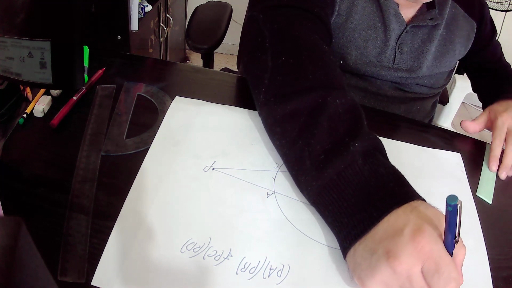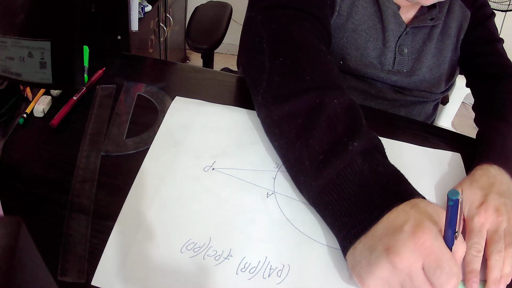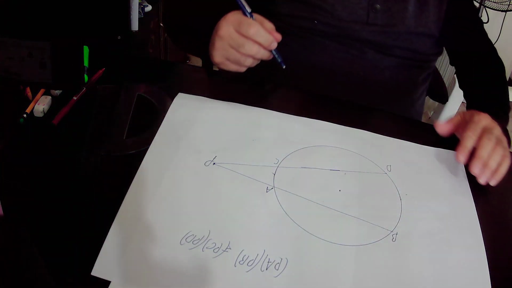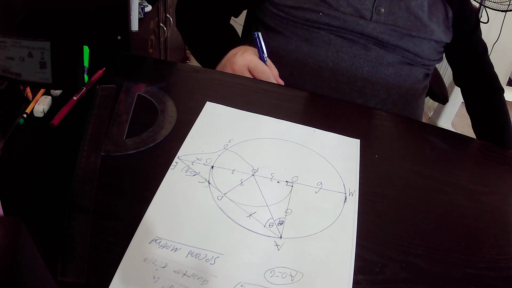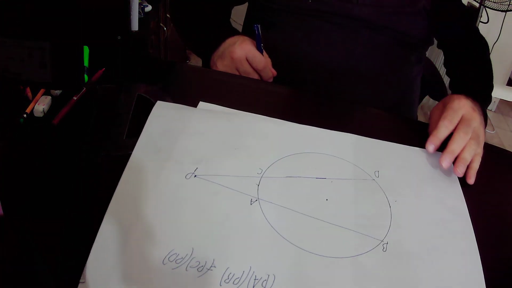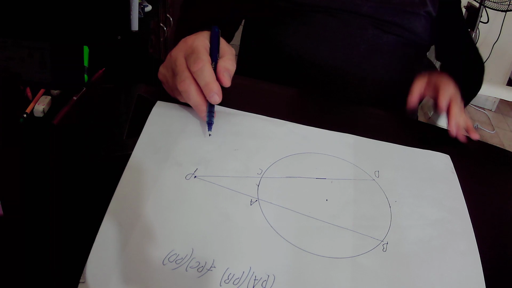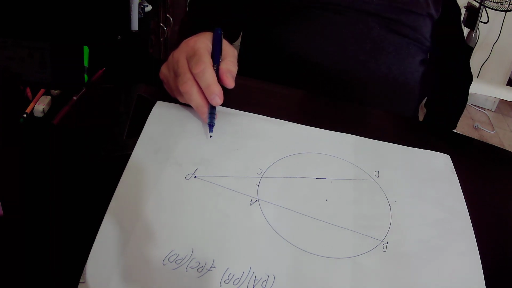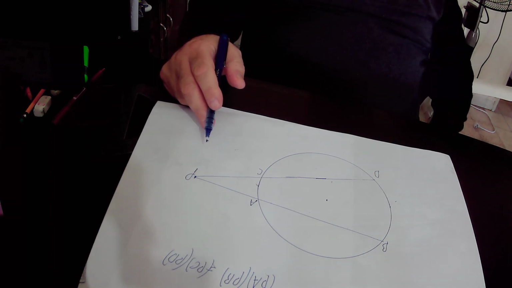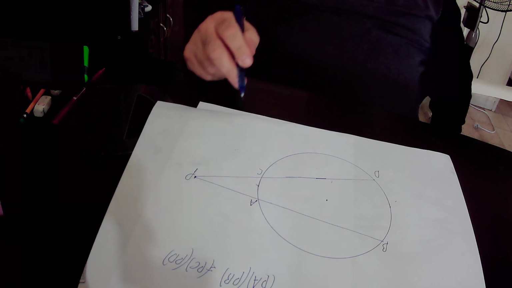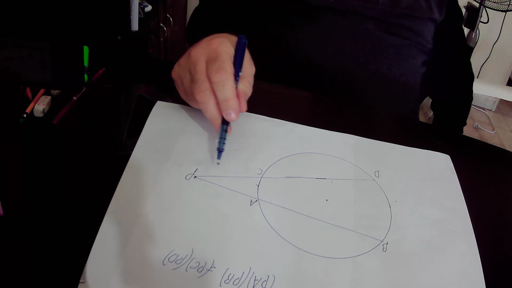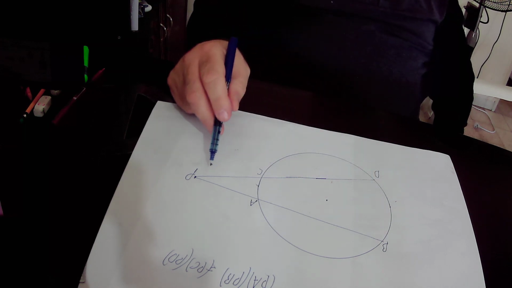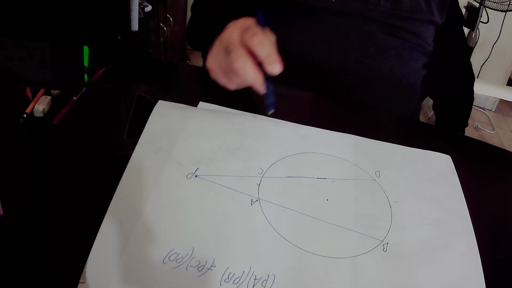And we can implement this new rule in our drawing. I repeat again, if from point P we draw two chords to this circle, the first chord is called AB, the second chord is called CD.